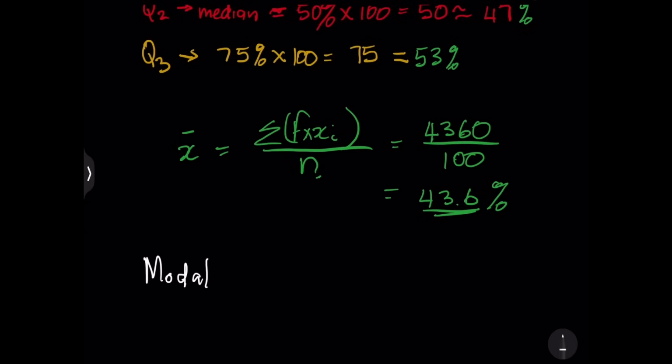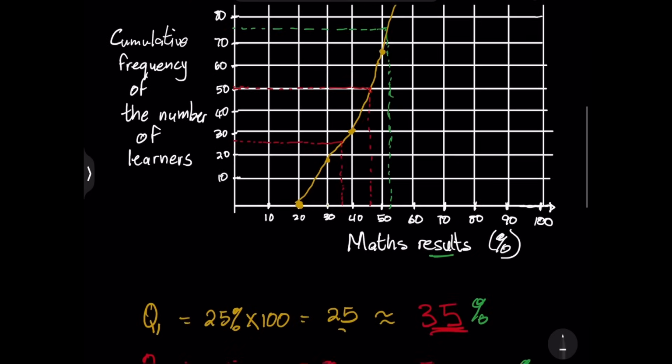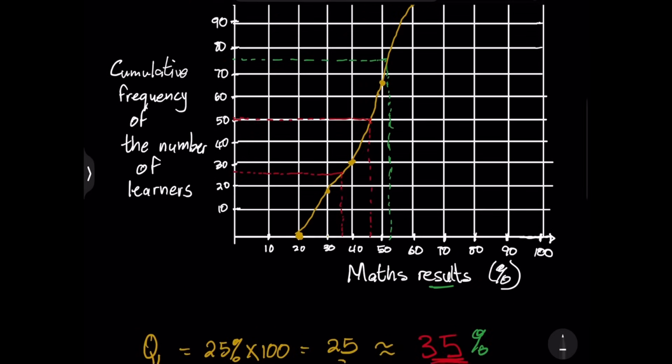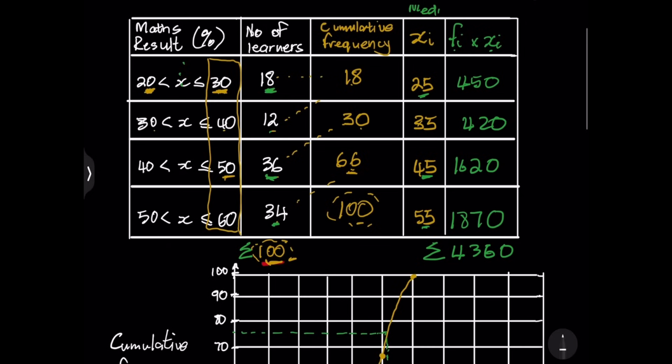Okay, right. And just something to note there, they might even ask us about the modal class of the data. Now, what is the modal class? This is where we've got the most frequency, the highest number of learners. If you look at our table, the highest number is 36.